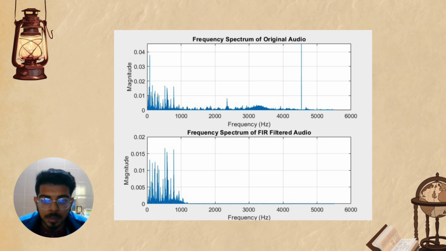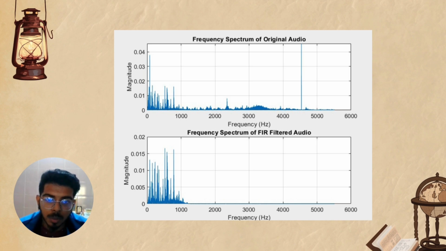Here we can see the spectrum signal with original audio and FIR filtered audio. So the frequency spectrum shows prominent peaks and noise components across the range, especially within the 200 Hz to 2 kHz band for the original audio.